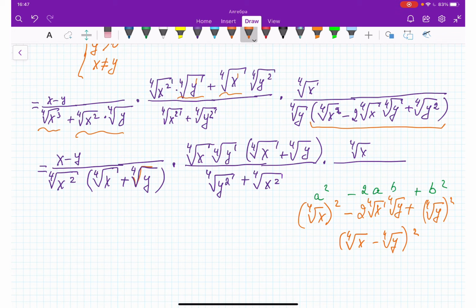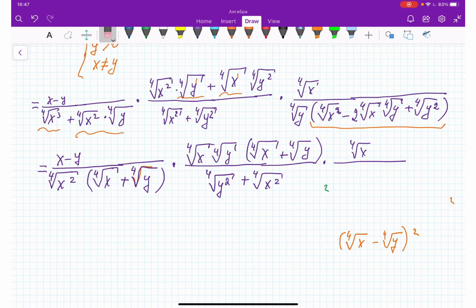Right? Okay. Let me clean this. So we get, this is staying as a common factor, but in the parentheses we get radical degree 4 of x minus radical degree 4 of y, squared. Okay.